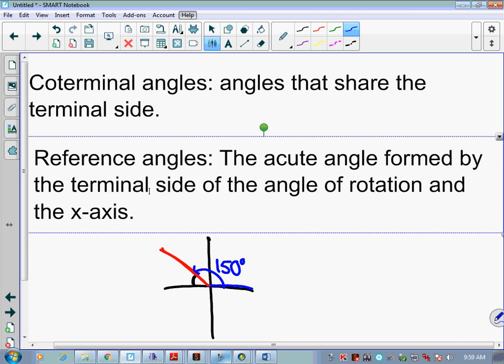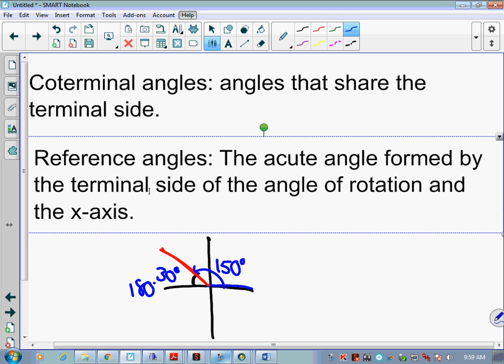If that's 150 degrees, then my reference angle is 30 degrees because this is at 180 degrees, okay. A reference angle is always going to be less than 90 degrees. Okay, that's what it says. Reference angles always measure less than 90 degrees.